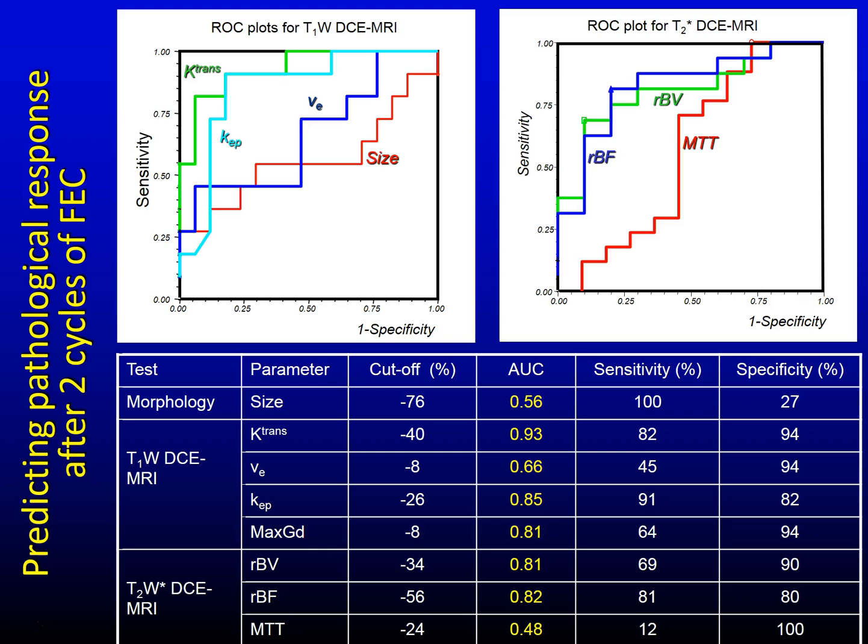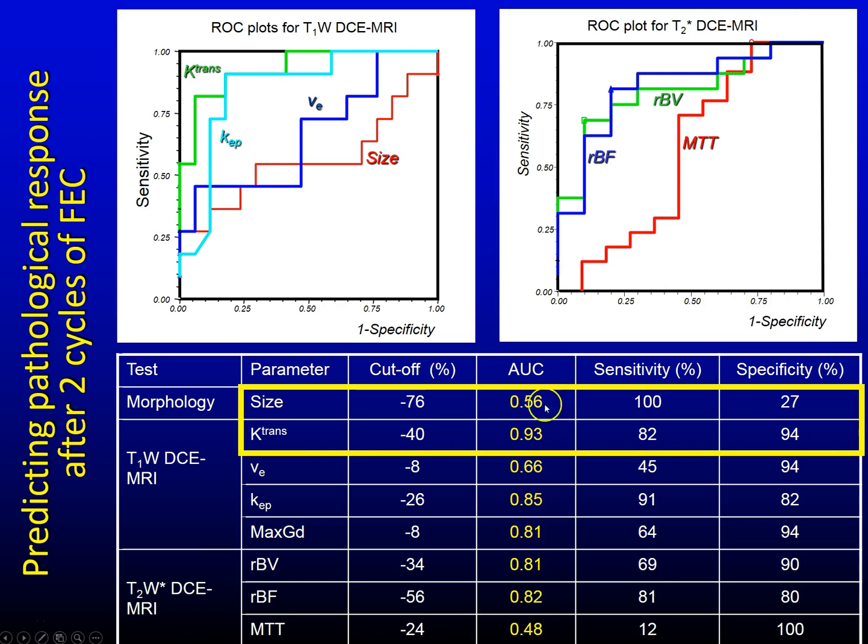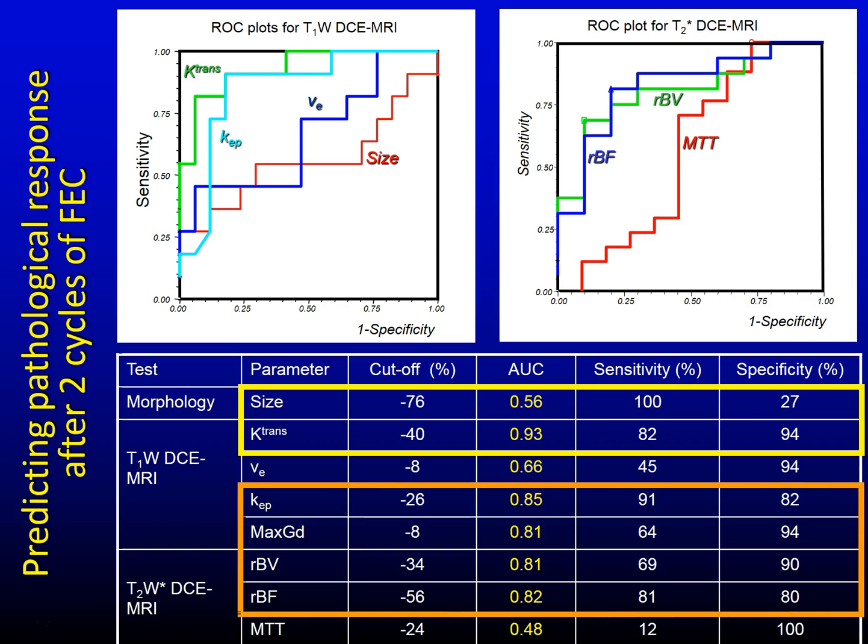How well do these parameters behave in a number of different patients? We did this for about 50 patients and looked at the value of morphology and transfer constant in being able to predict pathological response, and what we found was that transfer constant was much better than size in terms of sensitivity and specificity, but there were a number of other biomarkers such as relative blood flow, relative blood volume changes, as well as KEP that were also efficacious.